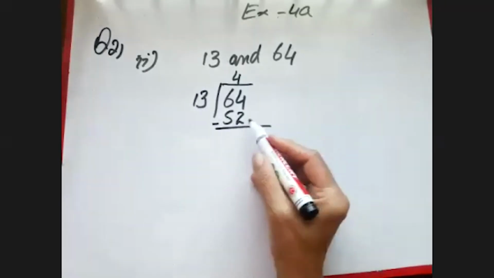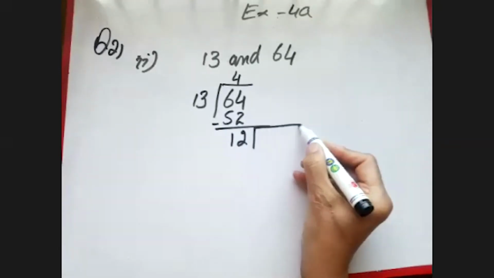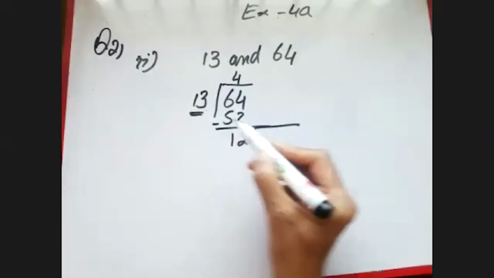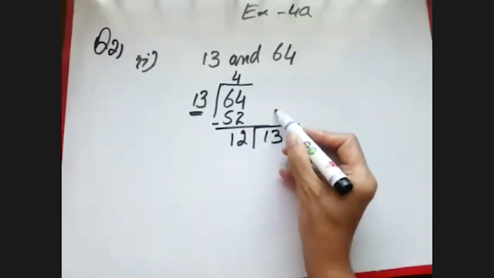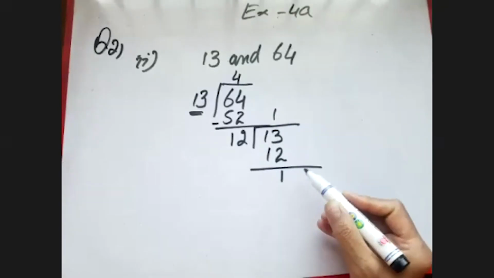Do the subtraction in this step. You will get 12. Then the first divisor becomes your dividend. 13 1 times is 13, 12 left. You are left with 1.